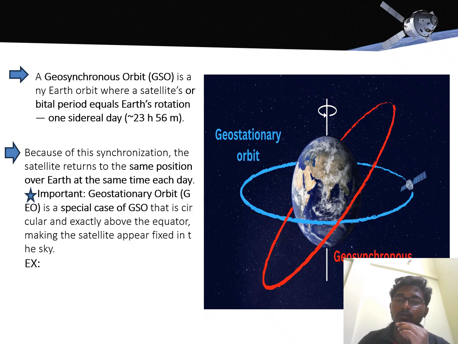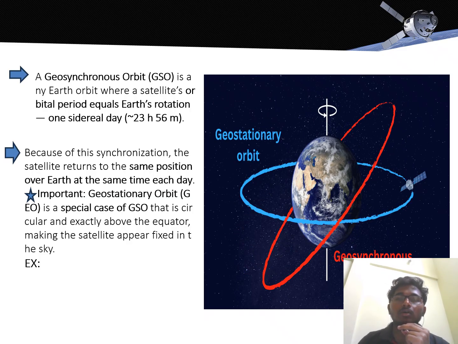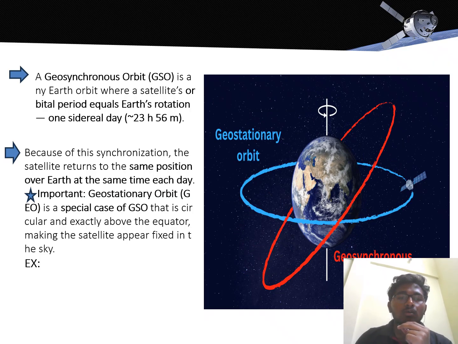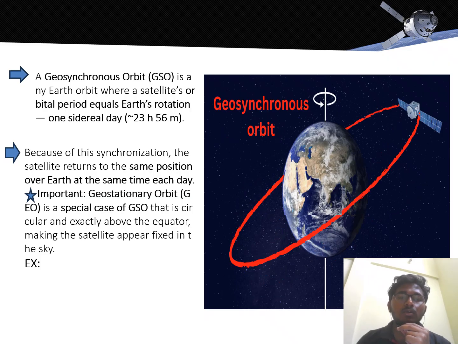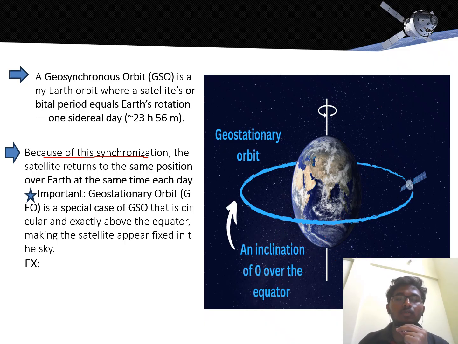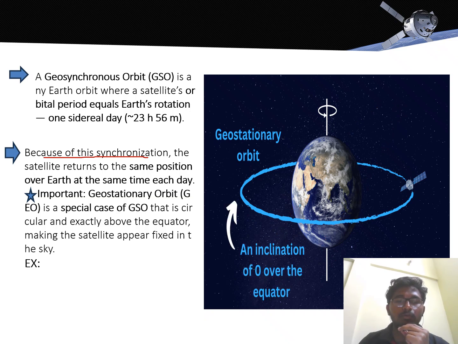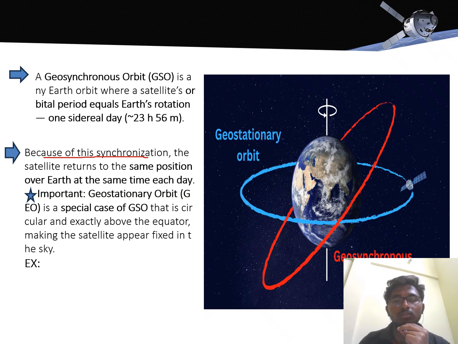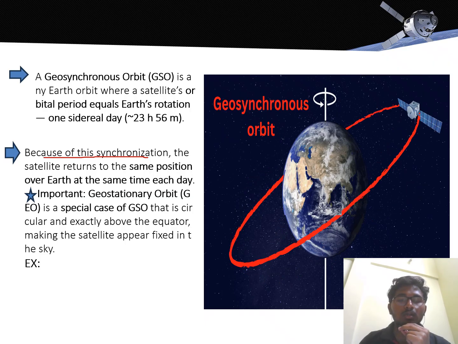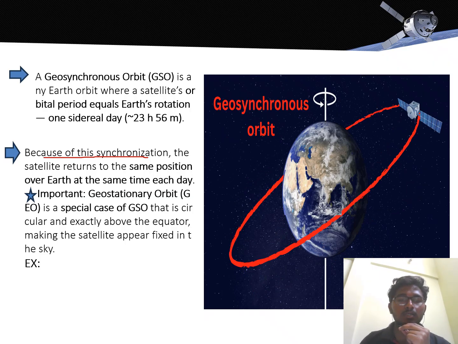Both are circular, but the geostationary orbit revolves around the equator, and the geosynchronous orbit revolves with some inclination. Because of the synchronization, the satellite returns to the same position at the same time each day. Important: the geostationary orbit is a special case of GSO that is circular and exactly above the equator, making the satellite appear fixed in the sky.